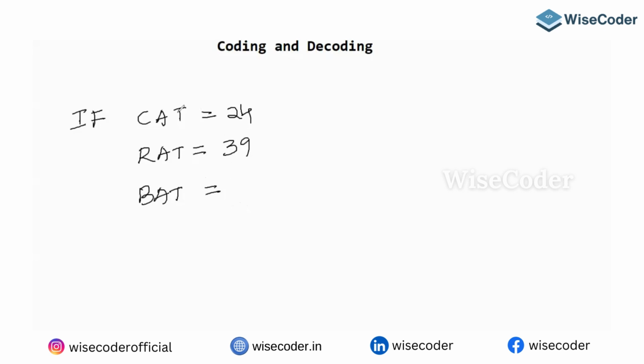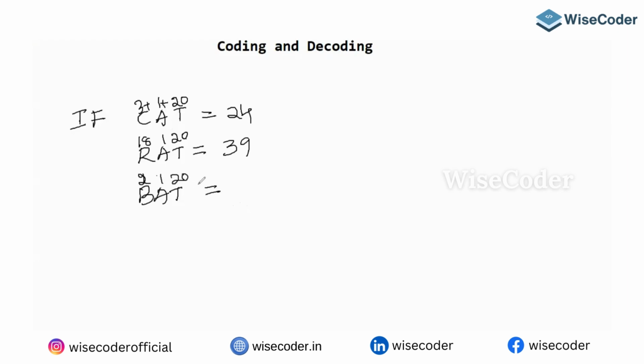I hope you are done. Look here, T place position is 20, A place position is 1, C place position is 3. If you add all these 3, you will get 24. R is 18, A is 1, T is 20. So 38 plus 1, 39. B is 2, A is 1, T is 20.